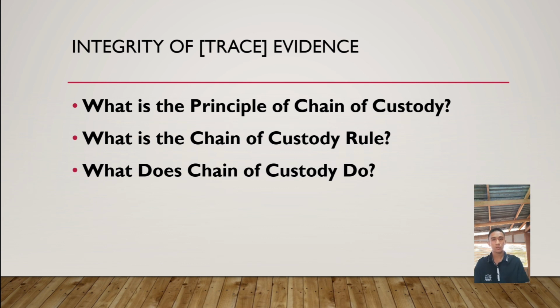So the next one is, what is the chain of custody rule? It is of paramount importance to any investigation. It is the unbroken sequence of events that is followed by an item of evidence from the time it is found at the crime scene to the time it appears in the court. Every link in this chain is documented from discovery at the crime scene and through evidence gathering, storage, lab analysis, and return storage and transfer to the court.